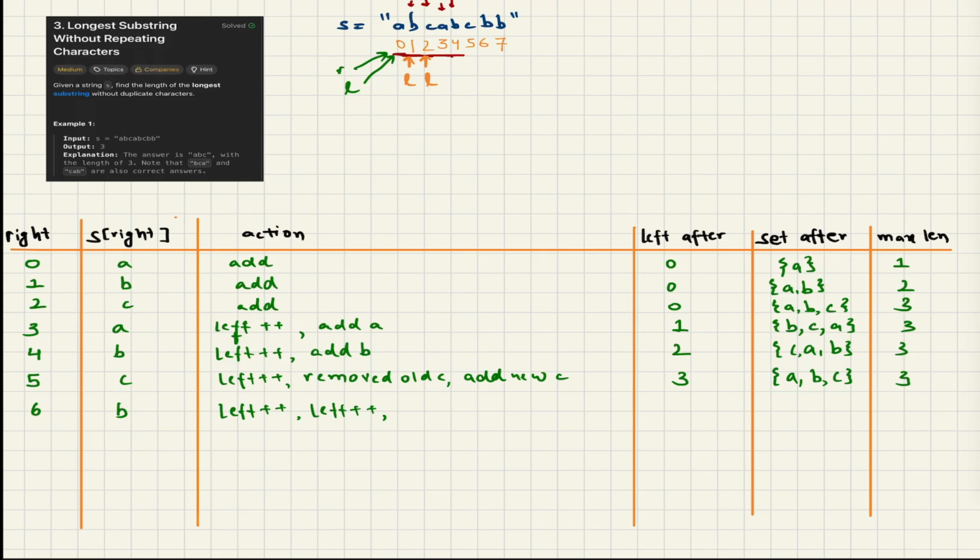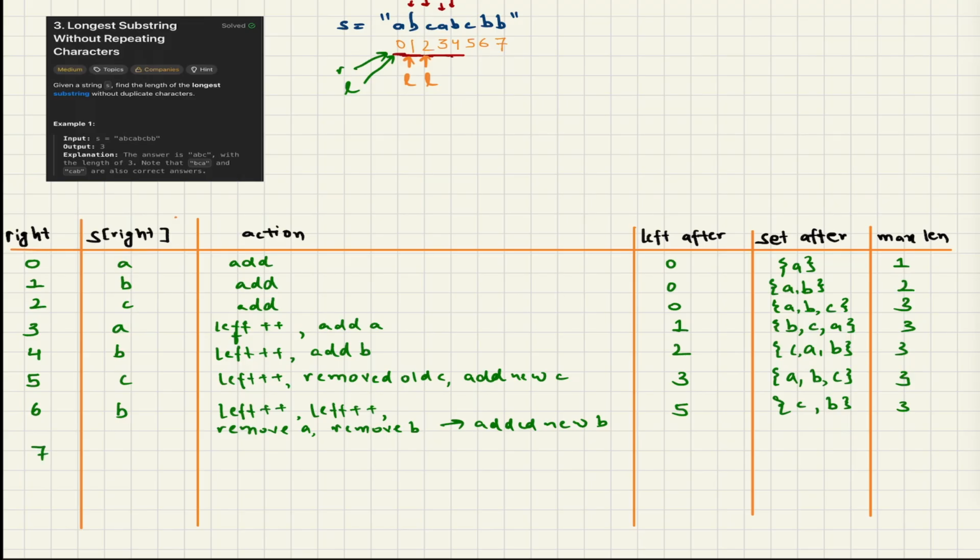So we first removed A and then removed B. So now my left becomes 5 and obviously I added the new B. So this becomes CB, and the maximum length that we had till now was nothing but 3.